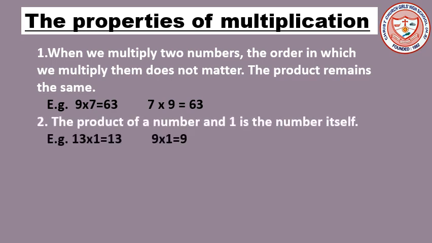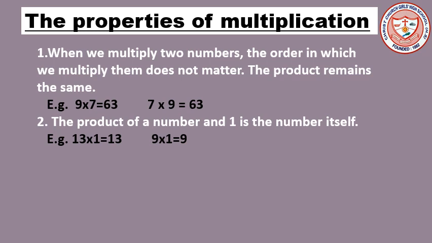Number 2. The product of a number and 1 is the number itself. For example, 13 into 1 equals 13.